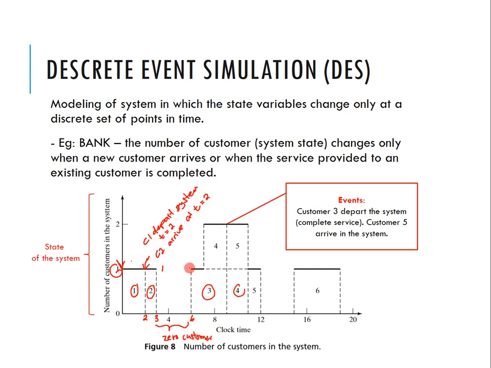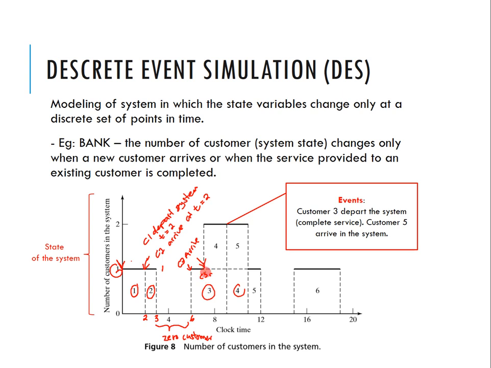So when customer 3 arrives, what happened here? Customer 3 arrives here. Is it customer 3? Not customer 3.